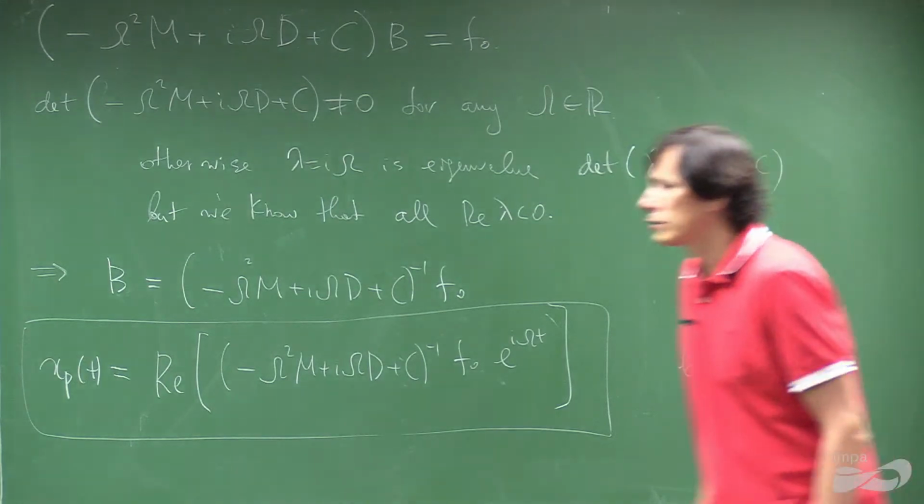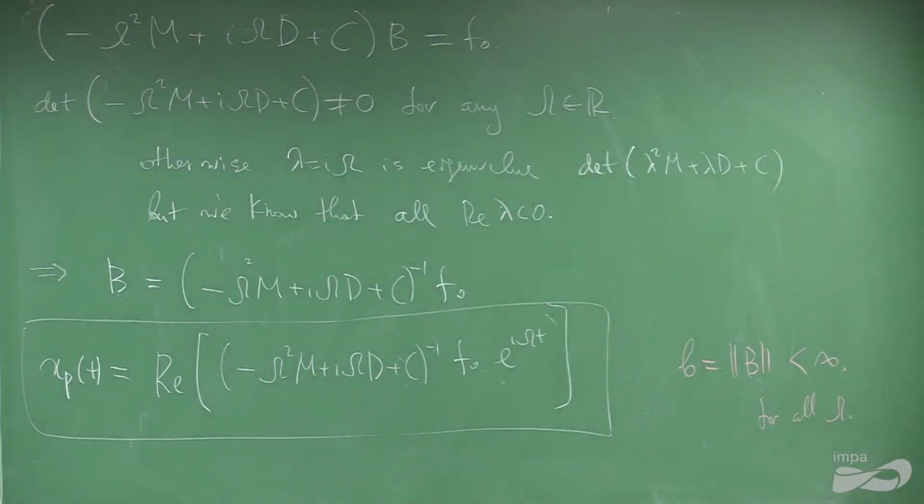for all frequencies. So it means that whenever you add damping, if this white curve was for no damping, then you have a continuous dependence for all omega. So this is with the dissipation.